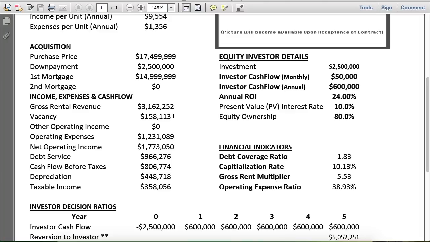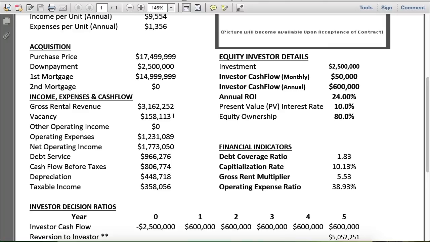But then with some properties, you want to look back at the last 2 years of the seller's financials. This way you can find out what the average vacancy is for that property, because some of them may be 10%, it may be a little bit higher than that. So when you're placing the offer, you always want to use conservative numbers.